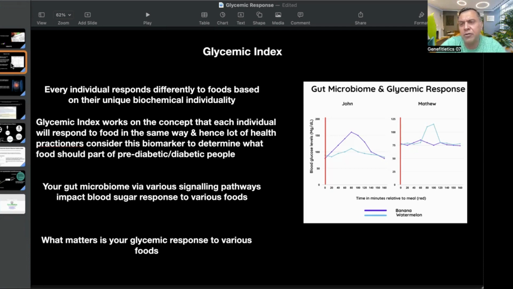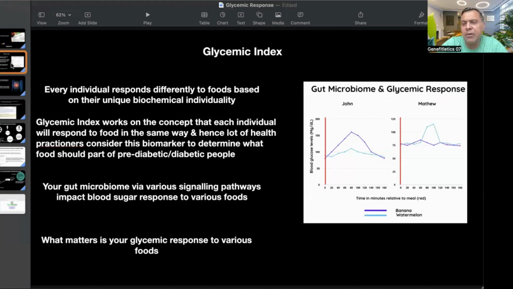If you are eating a food, for instance an apple, whether it's going to spike my blood sugar or not, the impact of the apple on my blood sugar level would be entirely different from yours, right? So essentially we need to understand how the microbiome interacts with the food we are eating, and whether it is impacting our blood sugar response or not, right?